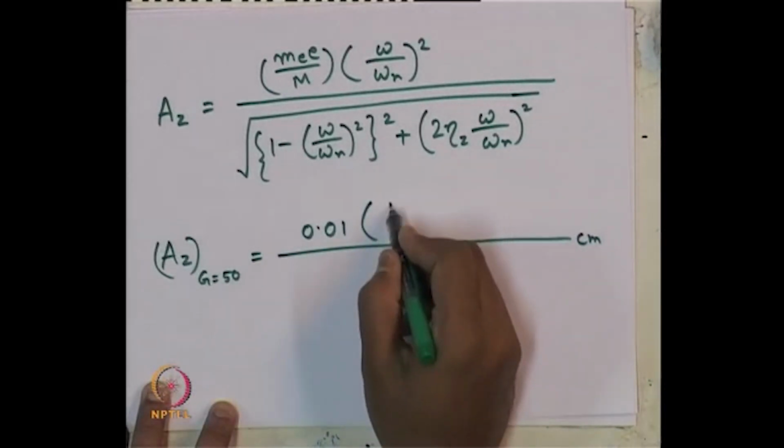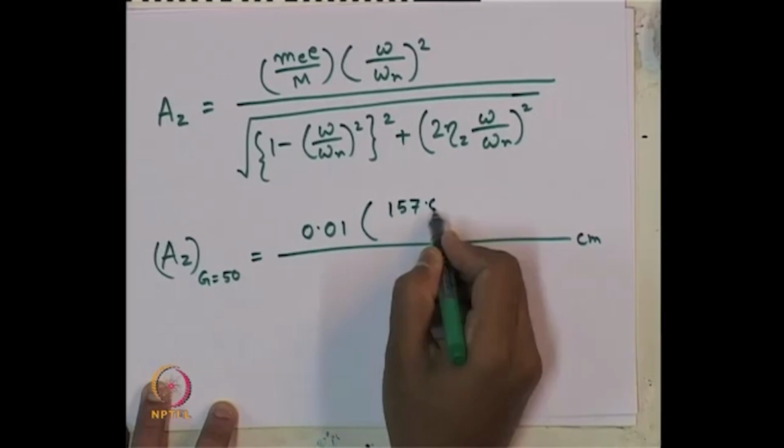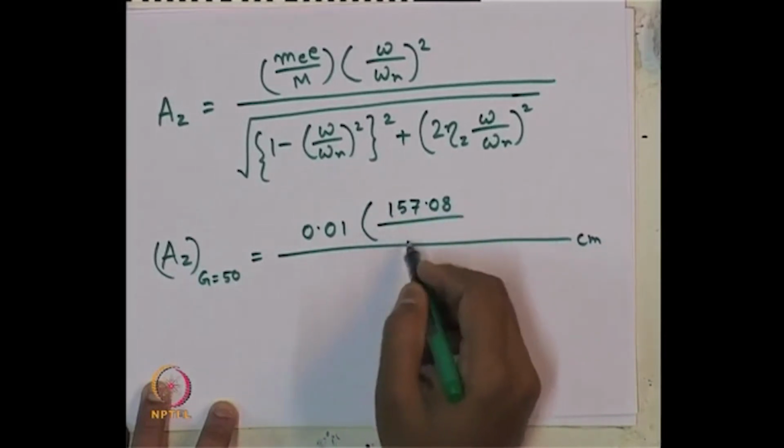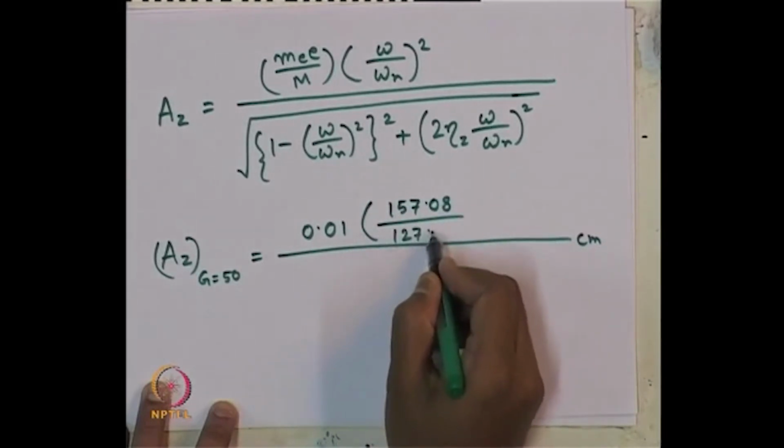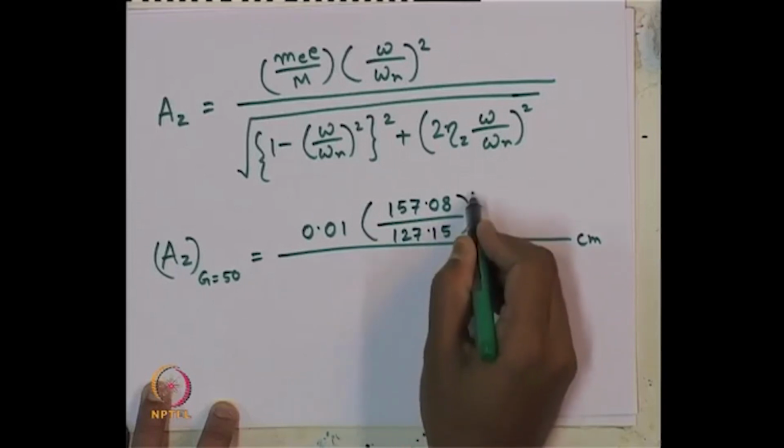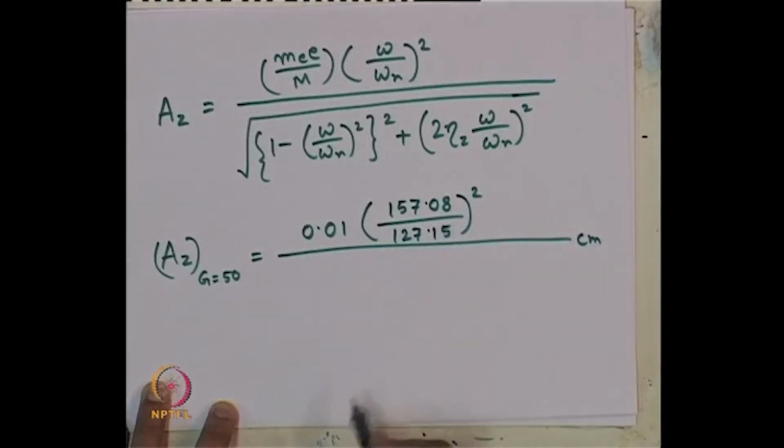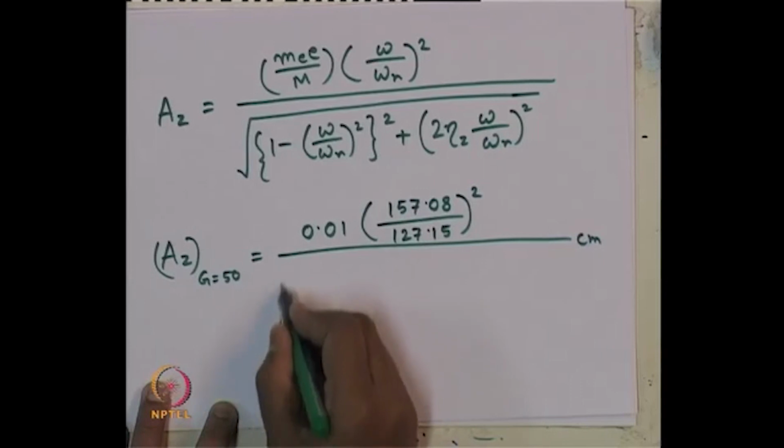This is 157.08 by 127.15 for the first type of soil. The natural frequency we have calculated already.